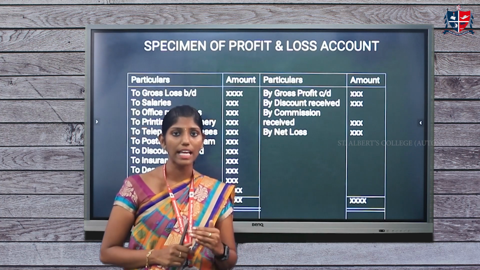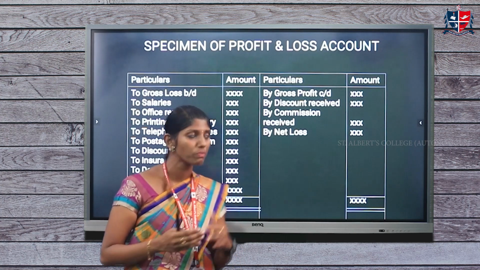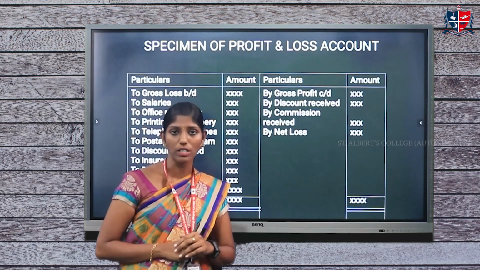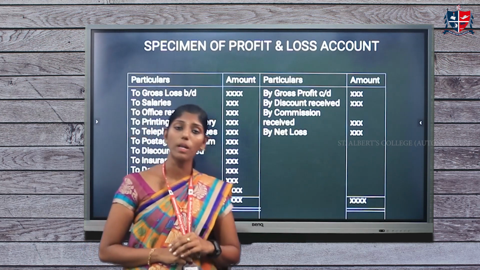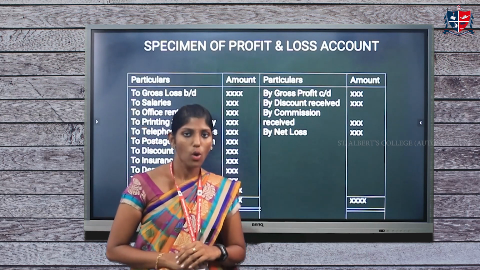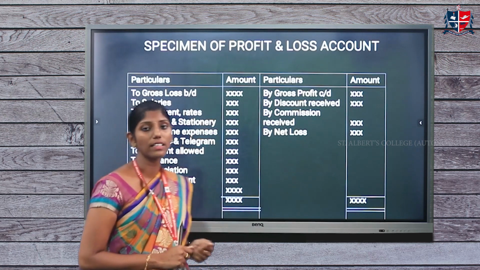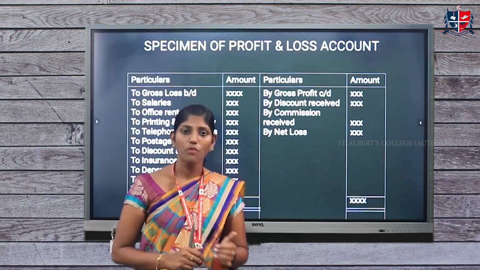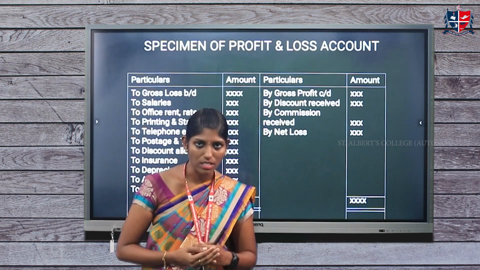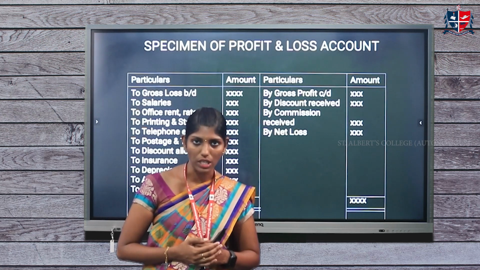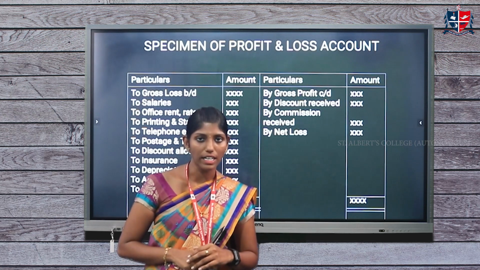And if it has a credit balance, that is gross profit, that should be transferred to the credit side of the profit and loss account. The second item will be the indirect expenses. All these items come under the indirect expenses. For example, salaries. The salaries paid to the managers or the executives are all indirect expenses.